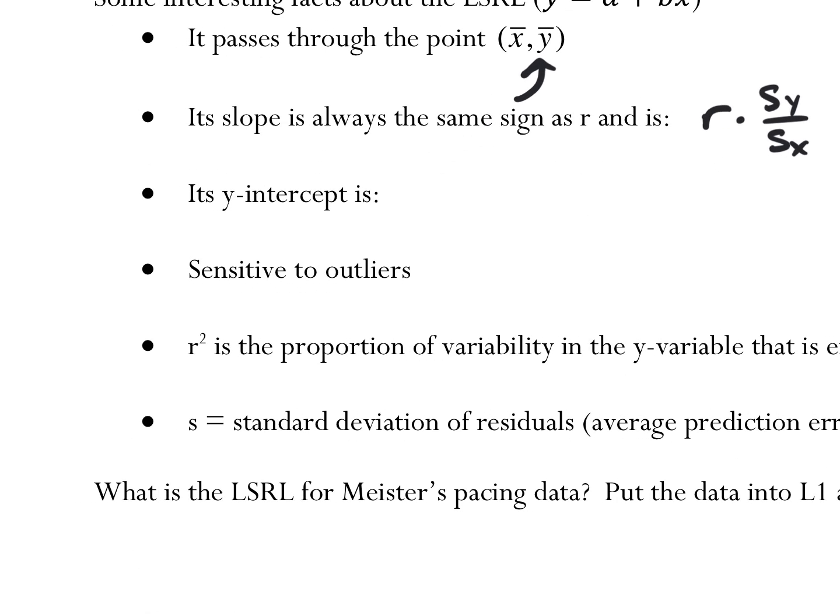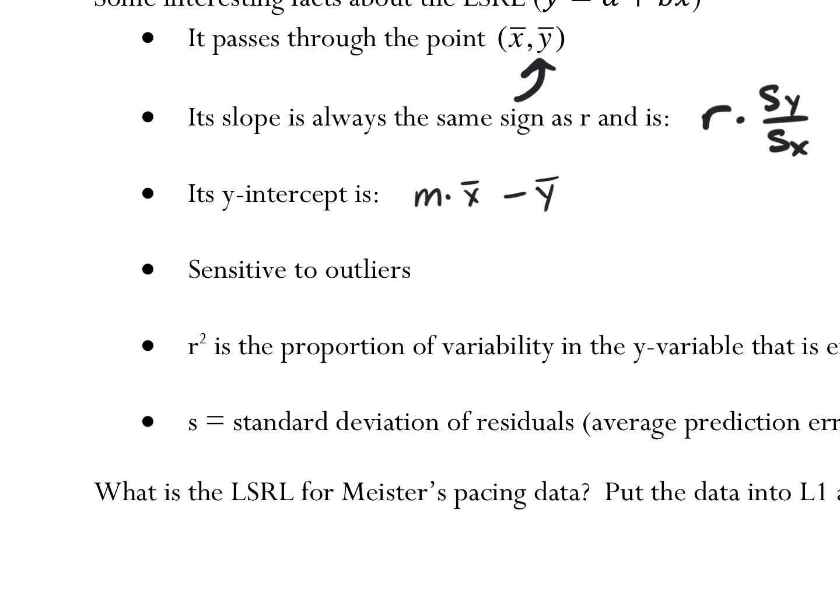We can find the y-intercept by doing y bar minus the slope times x bar. The odds of you having to use either of these two formulas is very, very slim, but they will be on your test if you need them. They'll be on the answer sheet for the test, all the formulas that you might need to use.